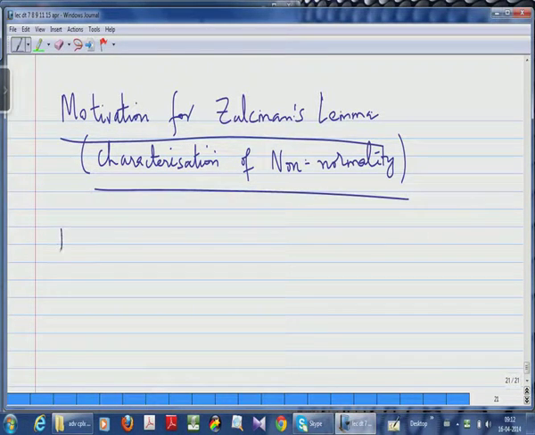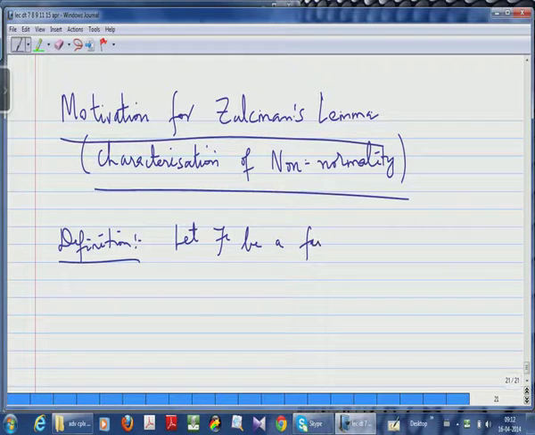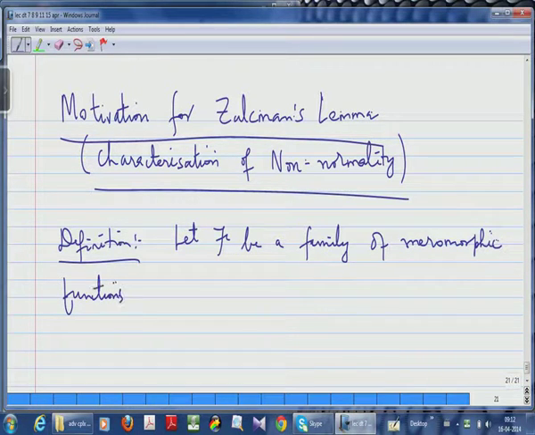So what we will do is we make the following definition. Let script F be a family of meromorphic functions defined in a neighborhood of a point z0.